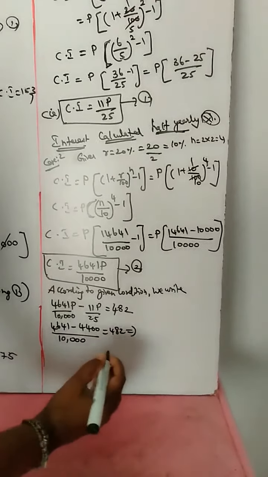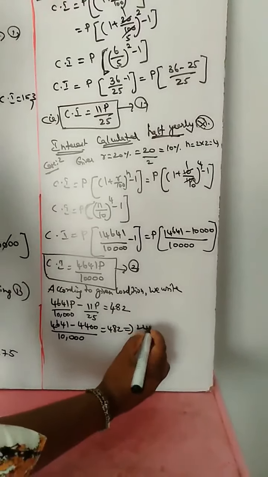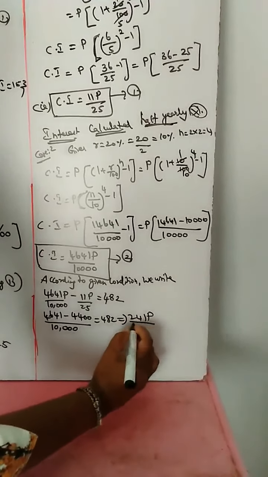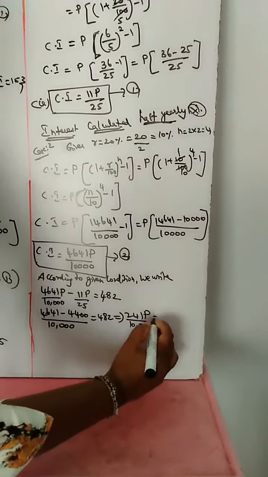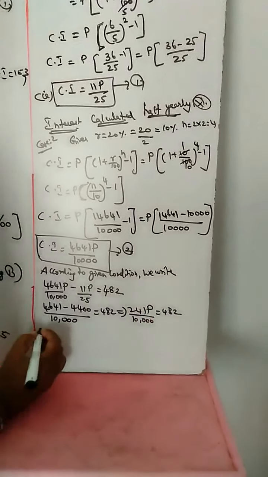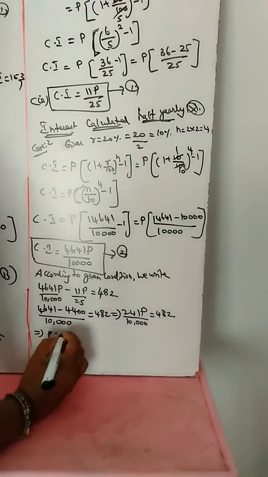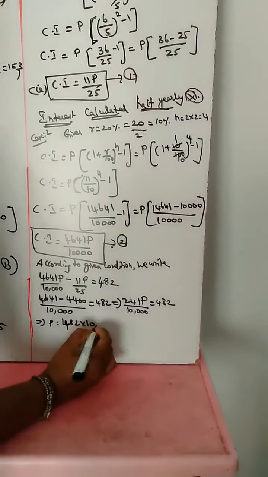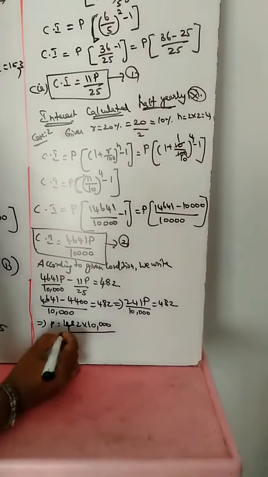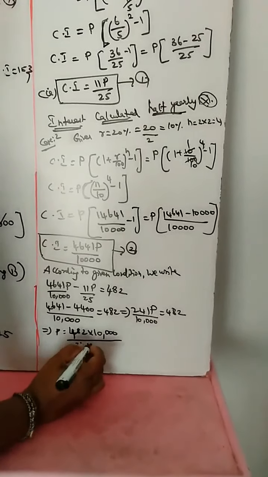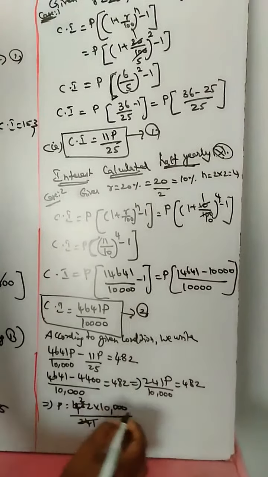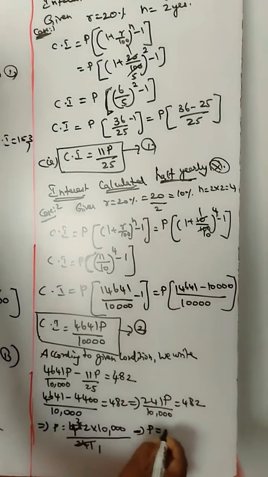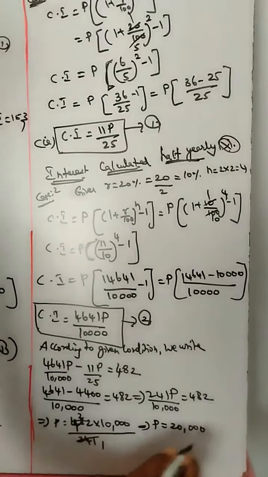So which implies 241P by 10,000 equal to 482. So which implies P equals 482 into 10,000 by 241. So which is not one time, this is 2 time. So which implies P is equal to 20,000.